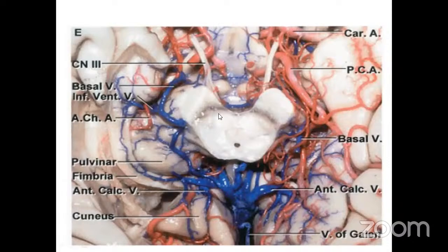In this diagram, we can appreciate the basal vein that traverses along the cerebral peduncle. This is the crural part of the basal vein, the ambient part, and the quadrigeminal part of the basal vein.